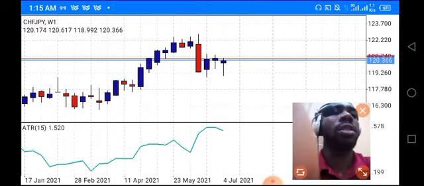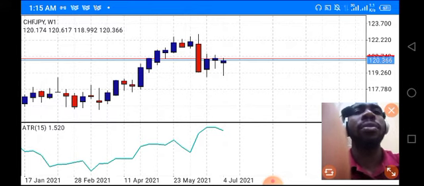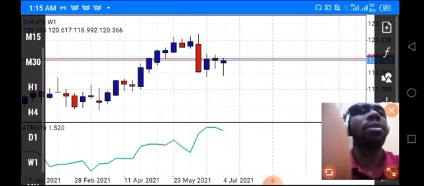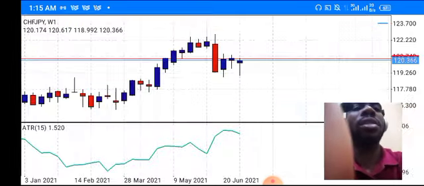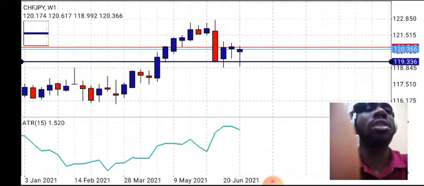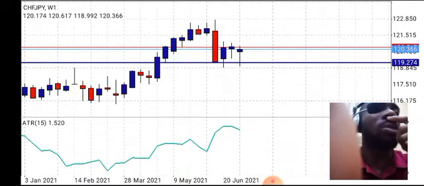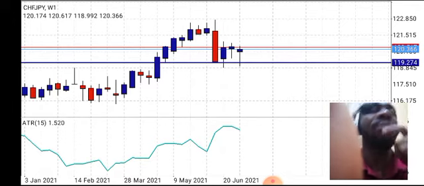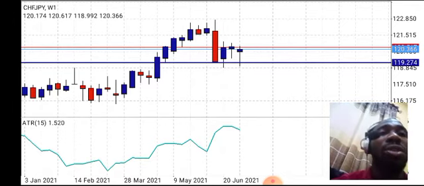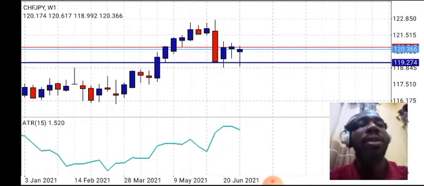Okay, so let's start with the weekly time frame. Here the market got to a support level, and there was a strong rejection from that level.